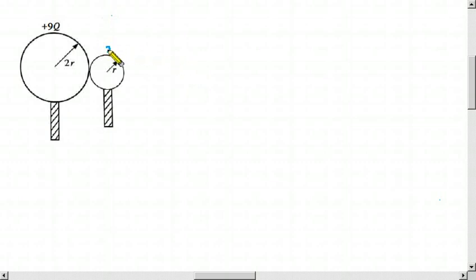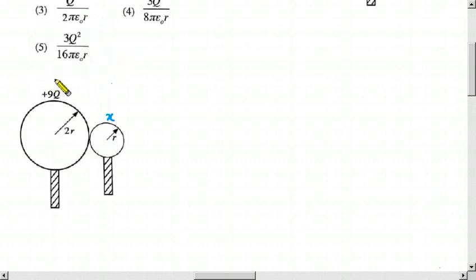Suppose an amount x of charge came to this smaller one, so the remaining charge of this bigger sphere is 9q minus x after touching. Now the voltages must be equal. We don't write the 1 over 4 pi epsilon naught term, because it is on both the left and right sides, so they cancel each other.